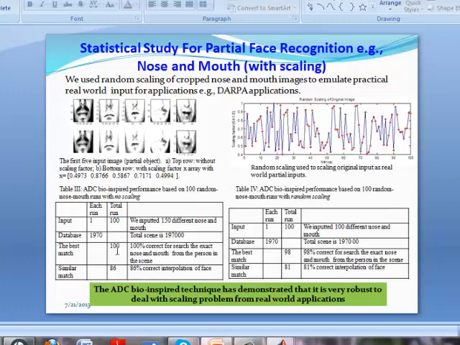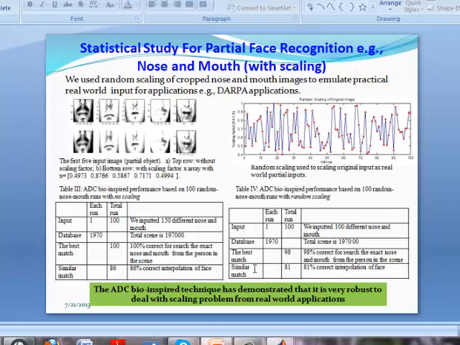We run the 100 cases, and for the exact match, we have about 100% correct. That's for no scaling. And the similar match, we have about 86% correct. With random scaling, we go from 100% correct to 98% correct, which means it decreased about 2%.